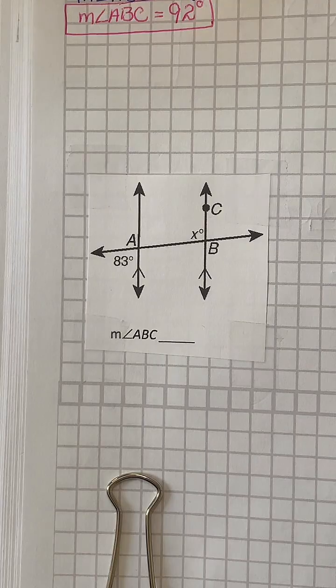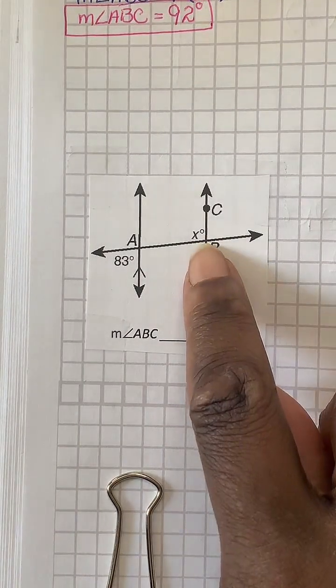Alternate interior angles. We have to calculate A. Okay. There's so many different ways. That's why I wanted to put it out there, because I don't want people to put an answer and then say, oh, wait, let me change my answer. There's multiple ways of getting to where we need to get to, which is where this X is.